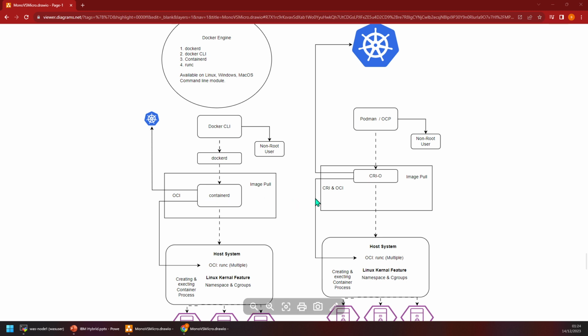Now remember that CRI-O is both CRI and OCI, just like Containerd. Containerd's primary focus is OCI, and it also does CRI in terms of connecting with Kubernetes.